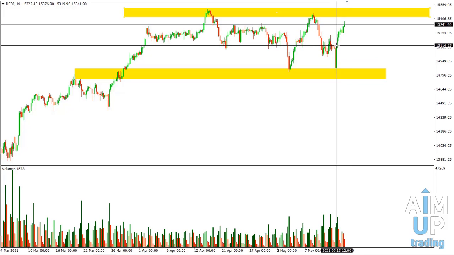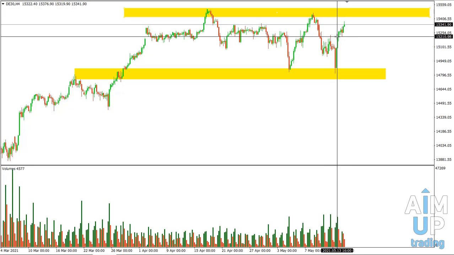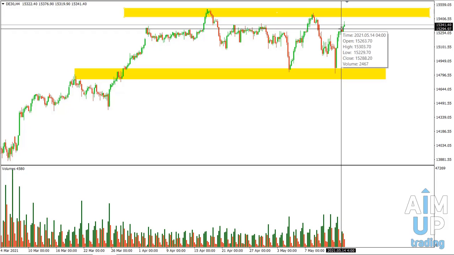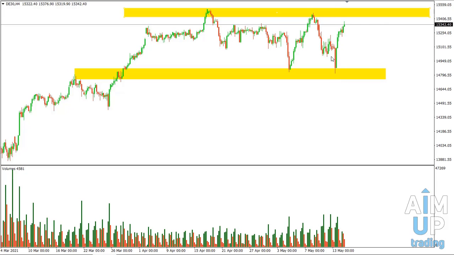And you can see how the price just jumped and went straight up. That's a huge move, guys. So that would have been a very nice trade if you were to catch this one. You would have made quite a good amount of money. And this is pretty much where you would like to go out right now.